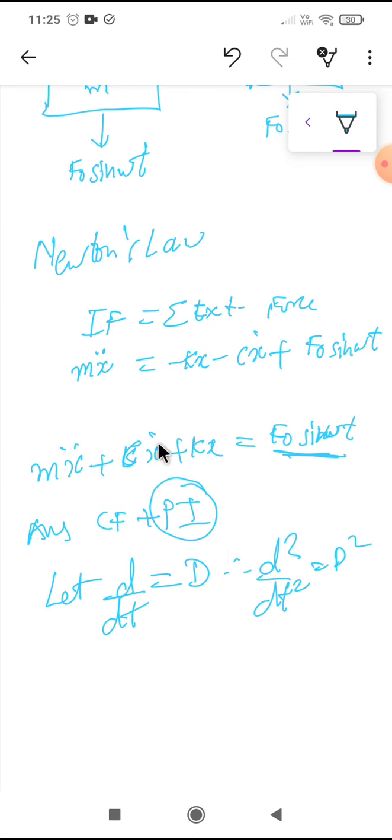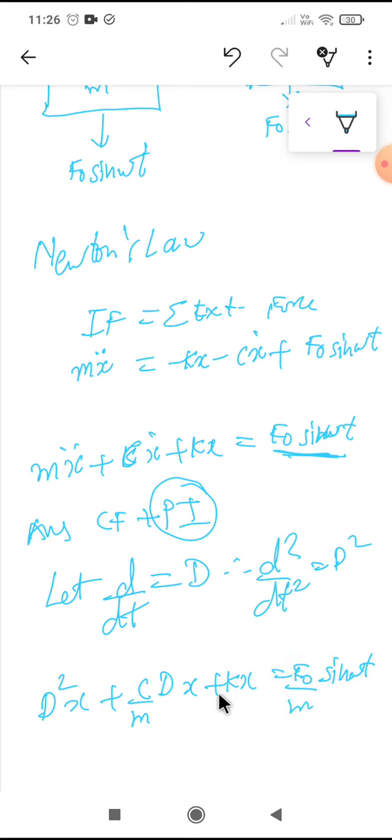As we know, x dot is dx by dt and x double dot is d square x by dt square. First let's divide the whole equation by m, so we get D square x plus c by m Dx plus k by m x equal to f0 by m sine omega t.